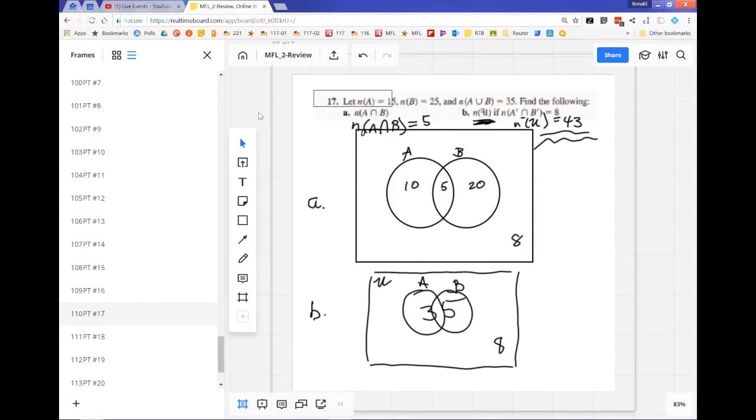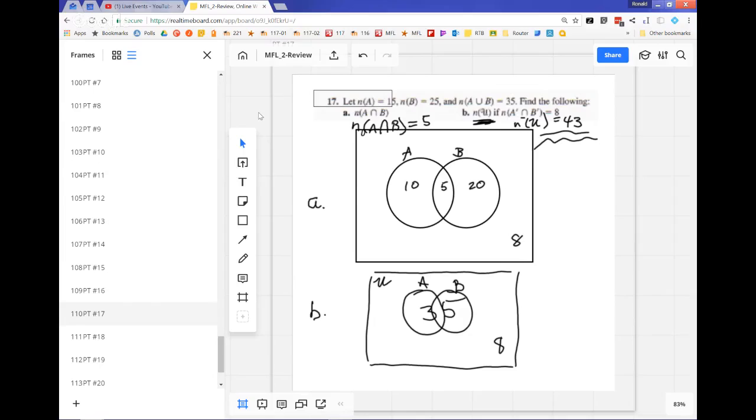So do you see in my A drawing, I put a 5 in the intersection part? That was the important clue. What's the number of elements in the intersection for part A? 5.